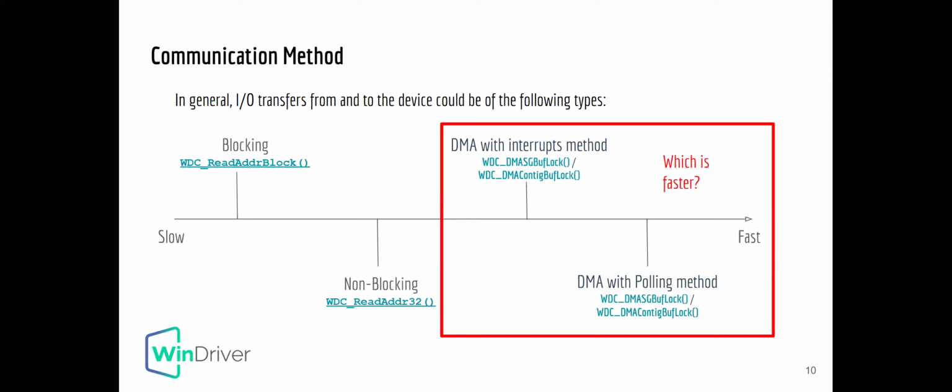However, it is best to try both, if you can. Each device and each operating system works differently, so one may work faster with this, and another work faster with the interrupt.